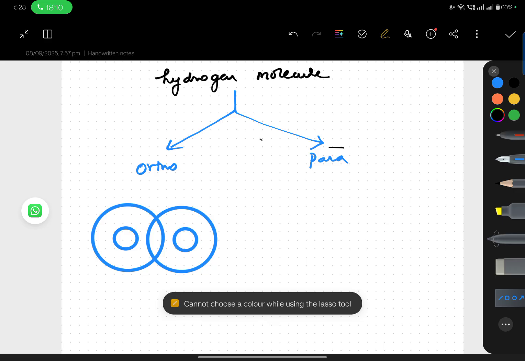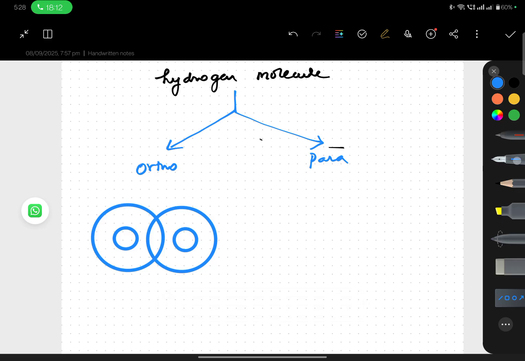So what will happen? There is an electron here. Okay, both the electrons will spin in the same direction. This is one option. What is the other option?